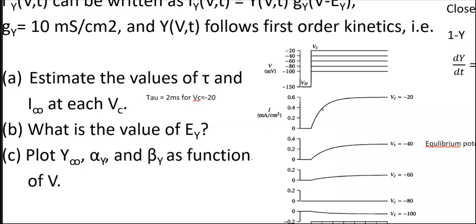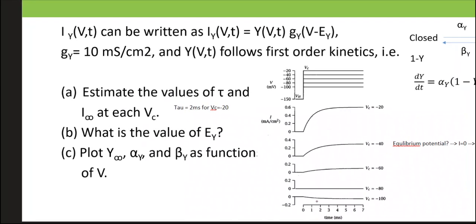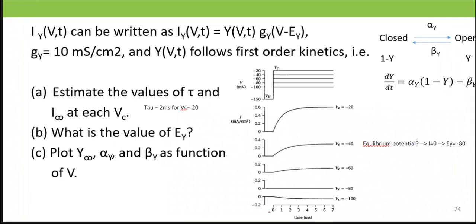And 0.4 is maybe 1.5 milliseconds, maybe 1 millisecond, something like that. So that's the time constant, and the steady state current would be 0.6 milliamp per square centimeter for a control voltage of -20.